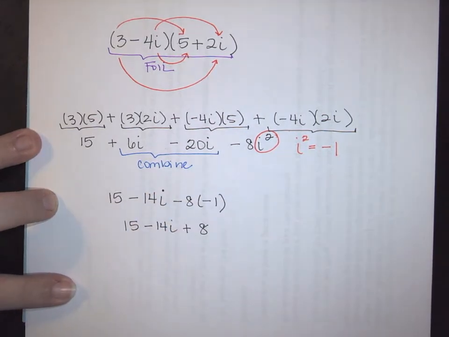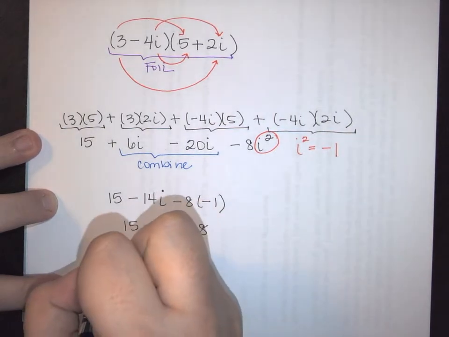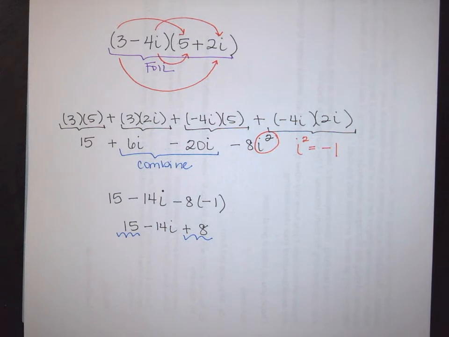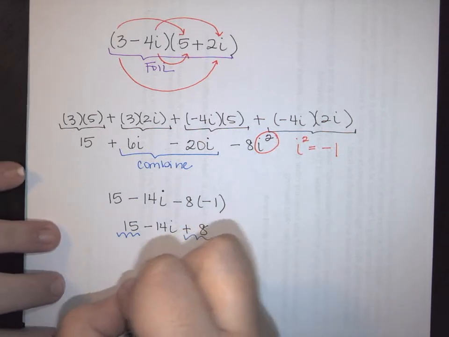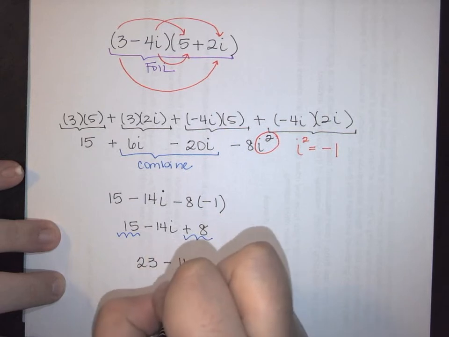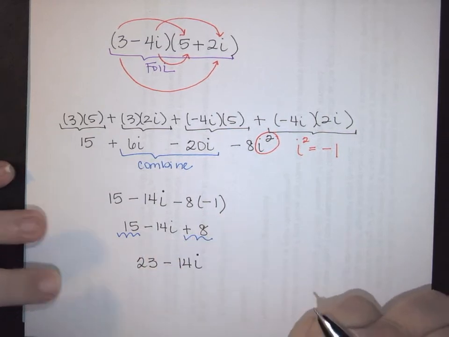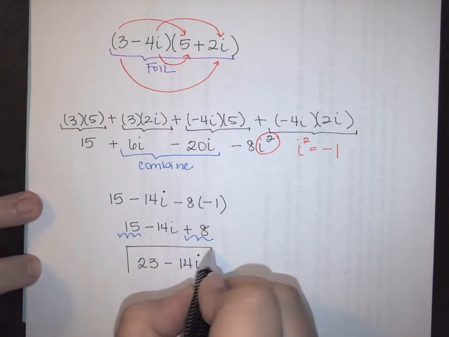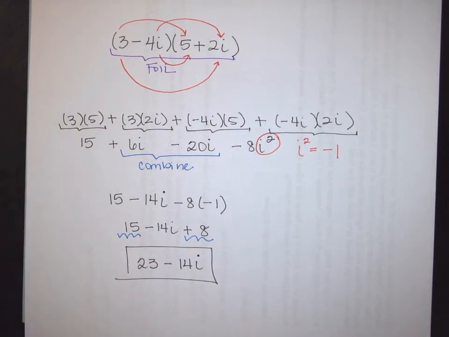We need to combine our terms that are together, so I have this 15 and I have this 8 here. So we're going to combine those together, and we're going to get 23. And so here we're going to end up with 23 minus 14i. Now if you look at it, this is in my complex form, therefore this is my result.